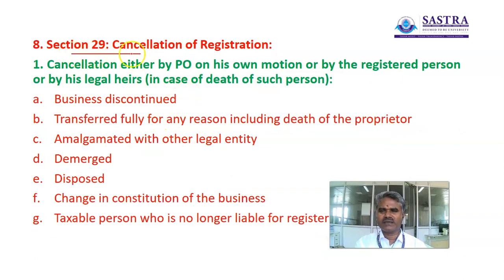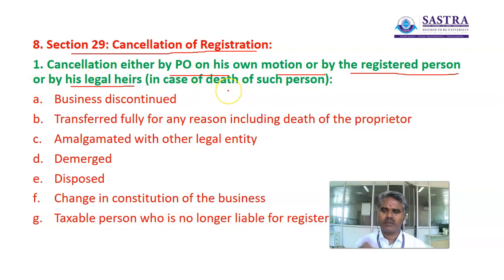Section 29, cancellation of registration. When you have to cancel your registration, cancellation will be either by the PO on his own motion, or by the registered person, or by a legal heir in case of death of the person.